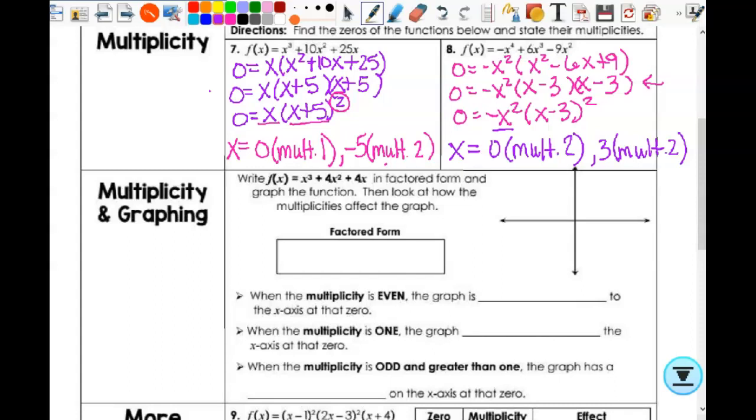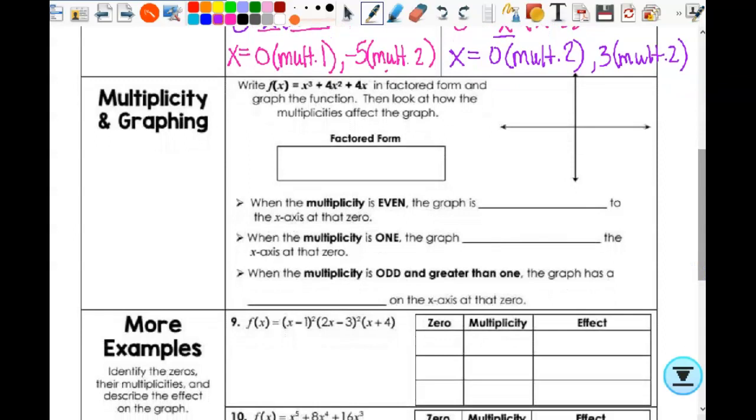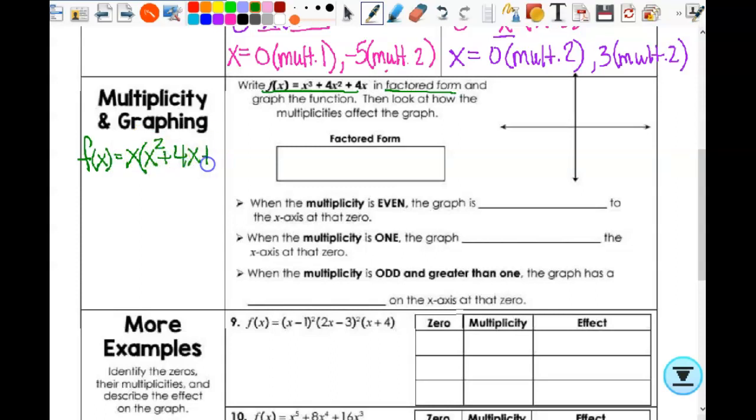So let's see what this multiplicity does to our graphs. All right, so we're going to write this in factored form. It's not asking me to find the zeros. It says just write it in factored form. So over here, f of x, my GCF is x. So that leaves me with x squared plus 4x plus 4.